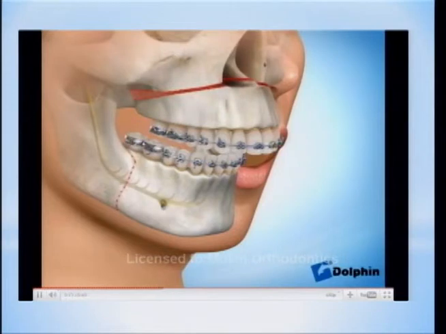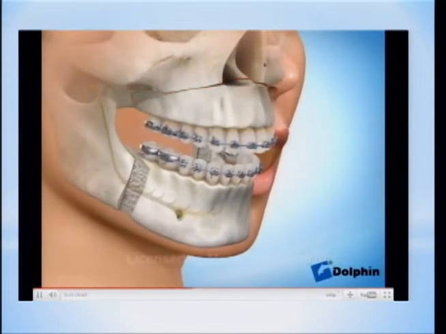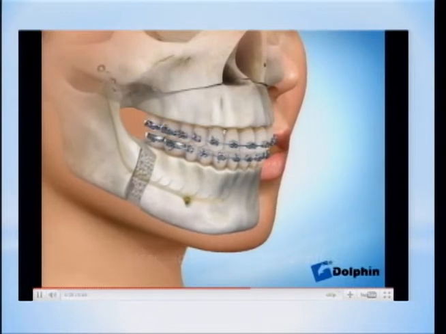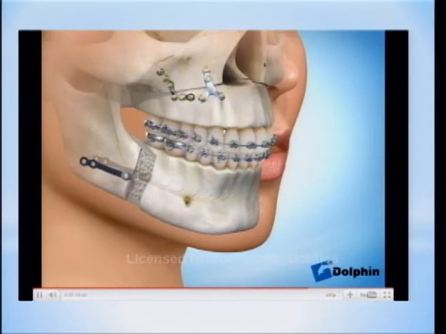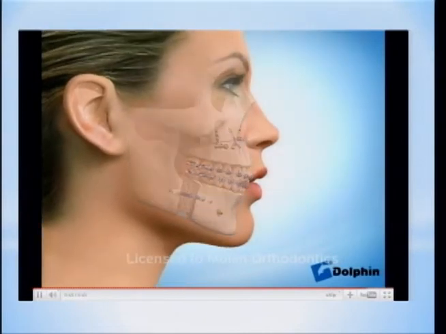But when we move the jaws, we have to decide where is the jaw going to be in relation to the soft tissue and the rest of the skeleton. So if this is the occlusal plane, if it's put too low, it will show too much teeth. If it's put too high, it may not show teeth when the patient smiles. So deciding the occlusal plane is very crucial in a lot of our treatments.